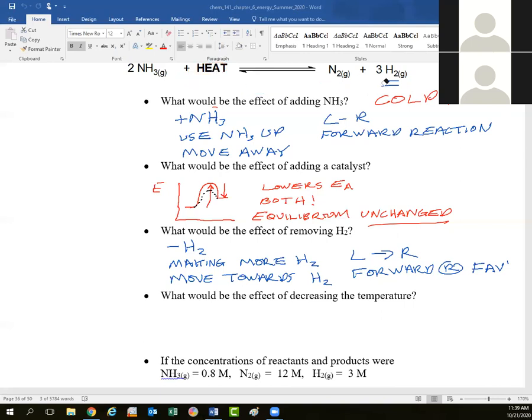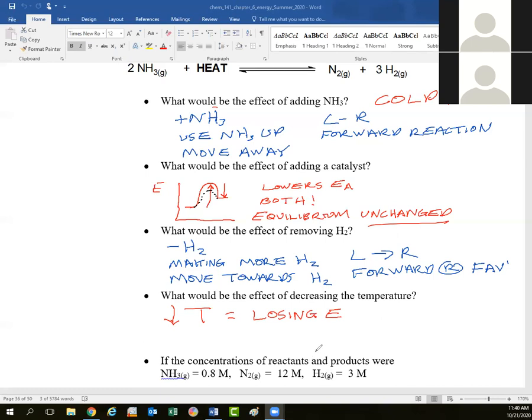Let me clear up around my equation. Let's see what we've got next. Decreasing temperature. Goody goody. A question about today's chemistry. So what would be the effect of decreasing temperature? So we decrease temperature. The reaction is losing energy.